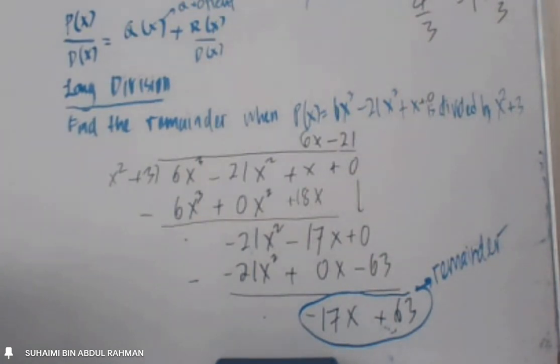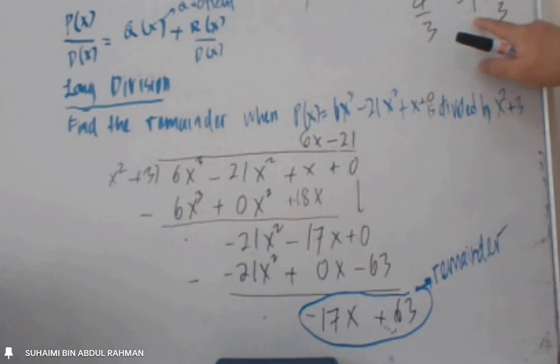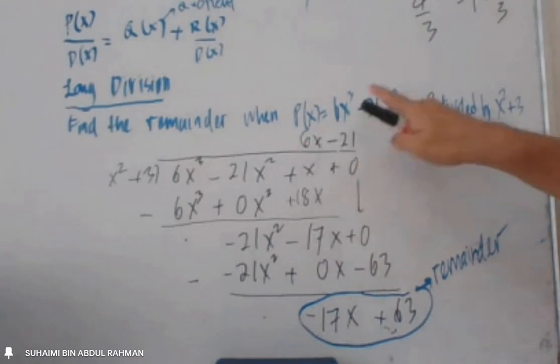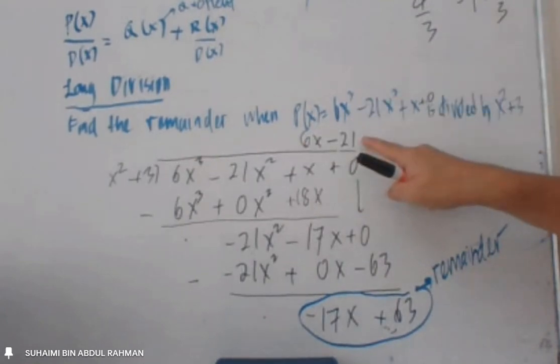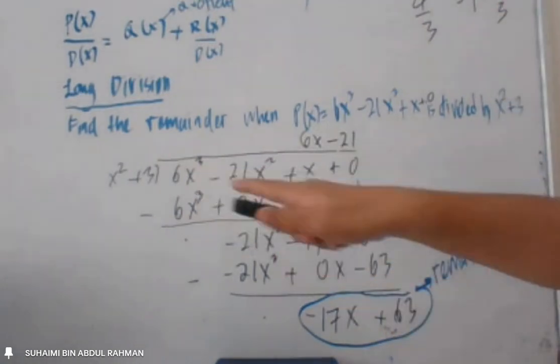Sir, what is the quotient? The quotient is the answer we have, but not the exact answer, only part of the answer. The answer in fact is the quotient plus the remainder over the divisor.